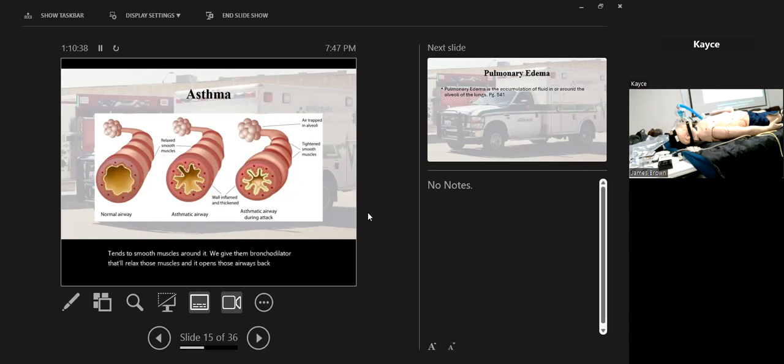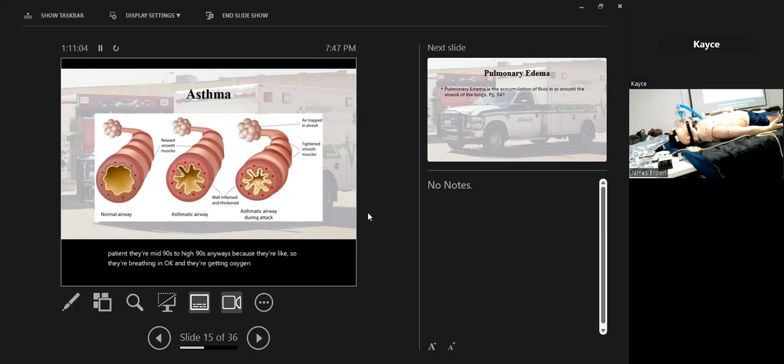So do we give oxygen to an asthmatic during an asthma attack? If they need it, yeah. Usually on an asthmatic patient, they're in the mid-90s to high 90s anyways, because they're breathing in okay and getting oxygen to their lungs, but they're starting to build up CO2, right?